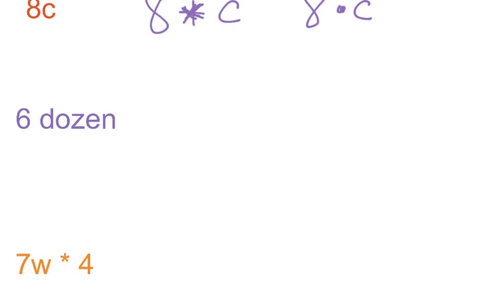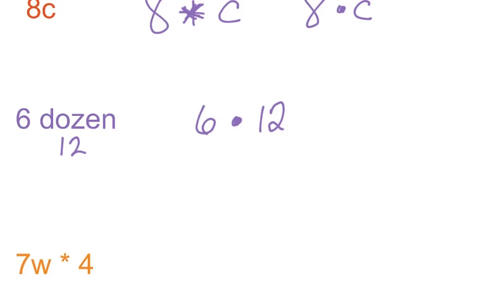Now, here's another one where we have a number next to another number written in words. Well, we know that a dozen is 12. And what this is telling us is that 6 dozen is the same thing as saying 6 times 12.